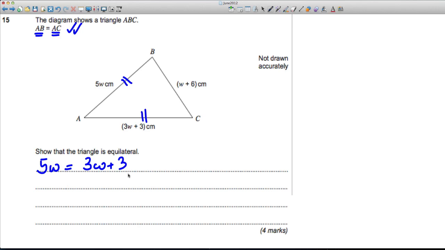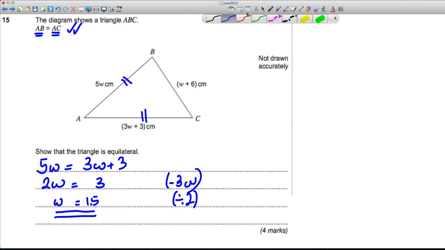So we could find w, right? We could take away 3w off both sides. 2w is equal to 3. We could divide both sides by 2. So w is 3 over 2, or 1.5. Now, we know that if w is 1.5, we could substitute w in here and show what each of the sides are. Well, 5 times 1.5 is 7.5 centimetres.